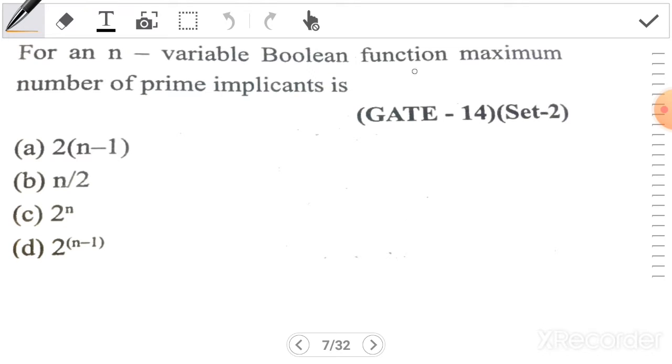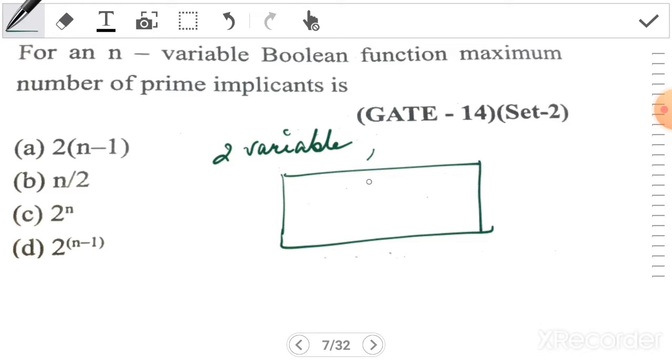For an n variable Boolean function, the maximum number of prime implicants is. See, for a two variable K-map, we have 4 cells. Let us assume each cell has 1. To get the maximum number of prime implicants, combine adjacent cells.